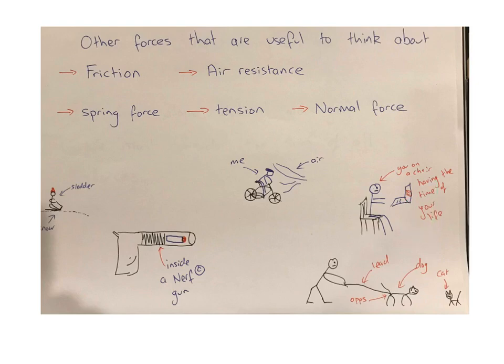The normal force, okay, so here we've got you sitting on your chair watching the video, having the time of your life. The normal force comes from another surface to surface interaction. So friction was when the two surfaces were moving over each other. The normal force is more when a surface is supporting another object. Okay, so what's happening here is the person is being pulled by gravity downwards into the chair.